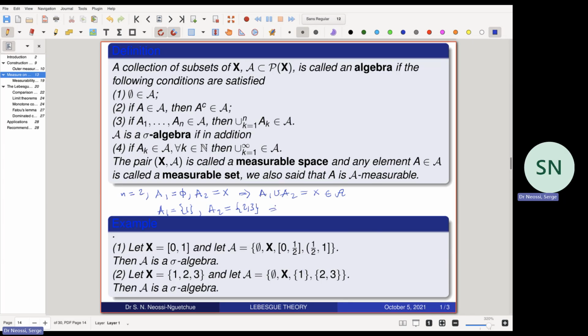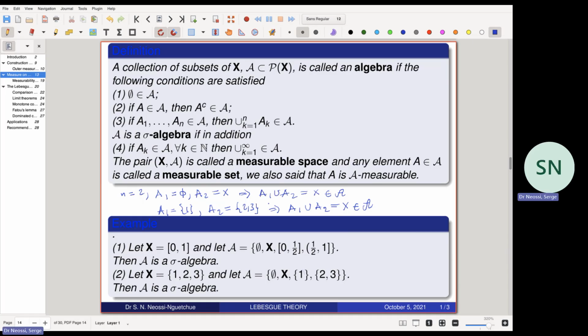Then the union A1 union A2 is X, and X is in A. I can take the empty set and 1; the union is the singleton 1, which is there. I can take 1 and X, or X and the pair 2, 3. Any possible combination will still give us an element of A.